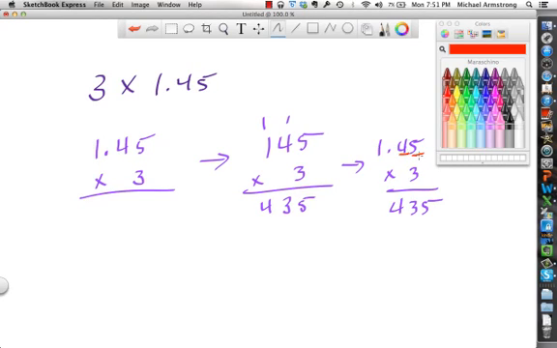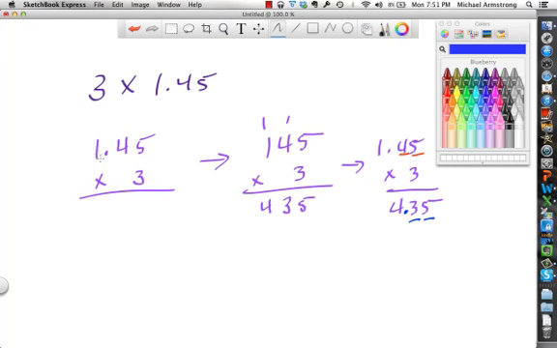So there's 2 decimal places here. This is that power of 10 to the second power, 100 or 100th, and put the decimal point in so that those 2 decimal places are accounted for.